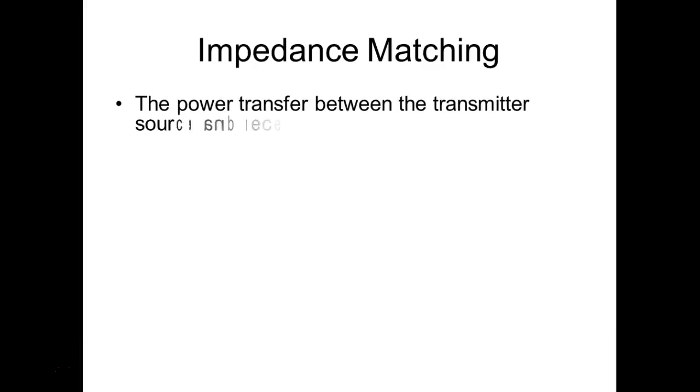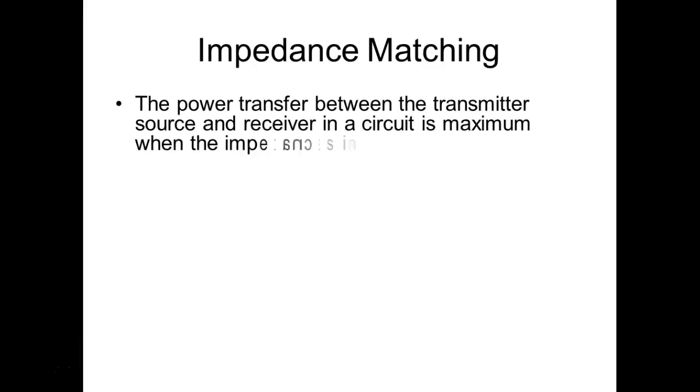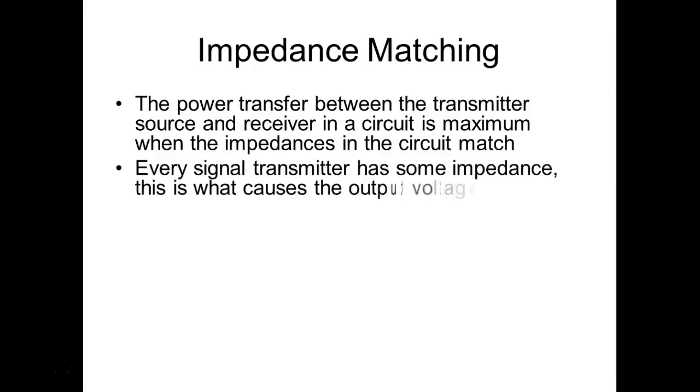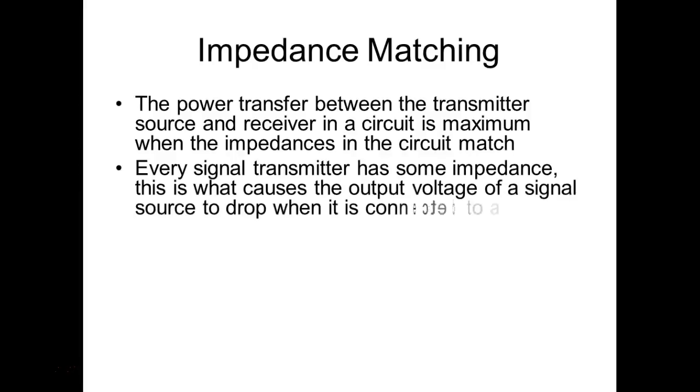The power transfer between the transmitter and the receiver is maximum when all the impedances in the circuit match. Every signal transmitter has some impedance. This causes the output signal to drop when they're connected to a load.